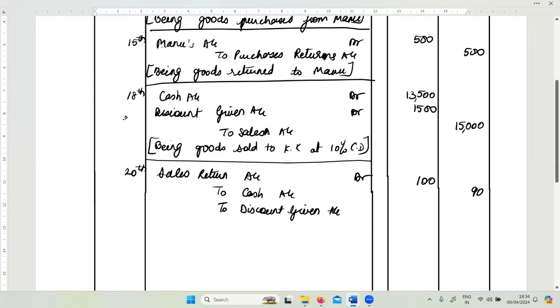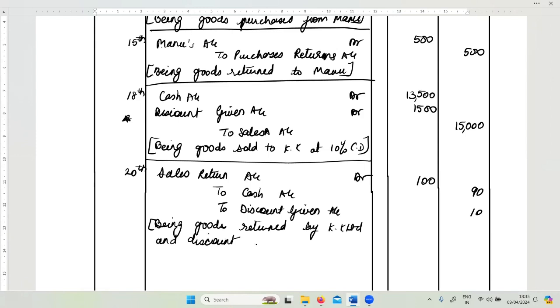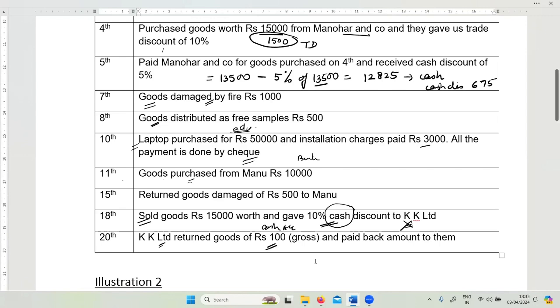Right, now this discount given account here, we are reversing on the date of 20th, 10 rupees. Being goods returned by KK Limited and discount given reversed.